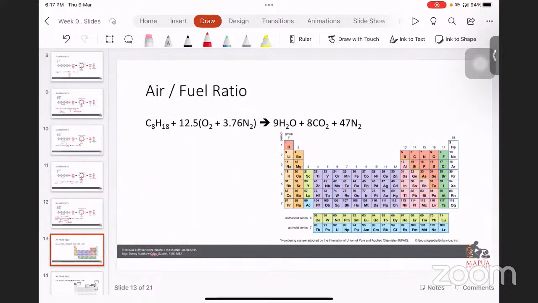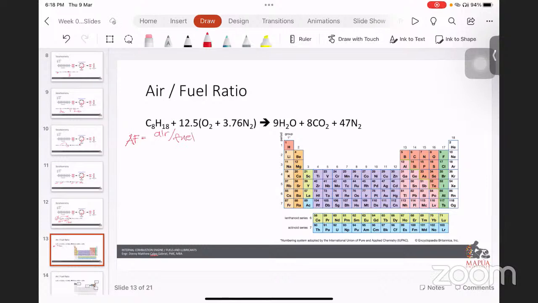Buksan natin ngayon yung ating mahiwagang periodic table. So, sabi natin, air and fuel ratio is equal to amount of air divided by amount of fuel. Okay.